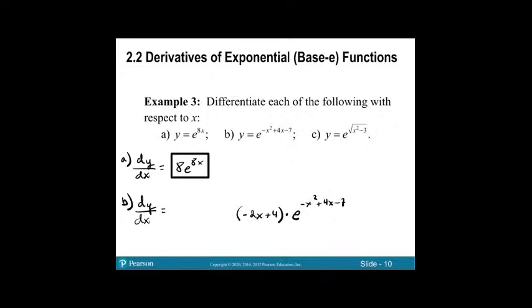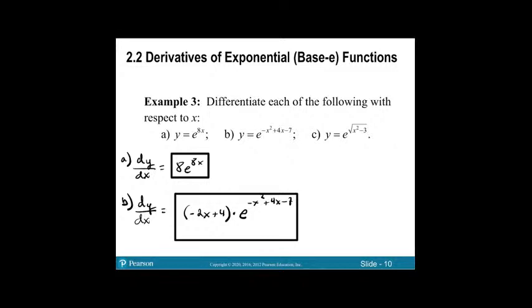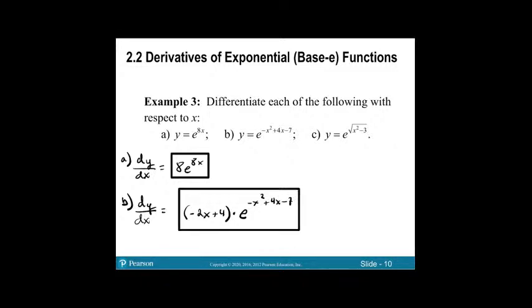I just rearranged it so it could be clear as far as the notation. And then part C, our dy by dx is going to be itself, this, times the derivative of the exponent.